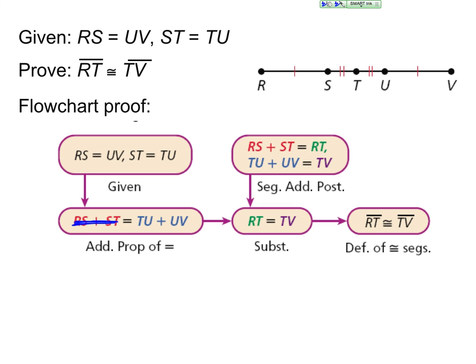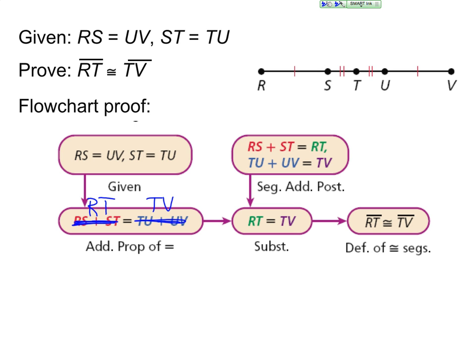RT. We know that because the segment addition postulate says it right there. So that can be replaced with RT. TU plus UV is the same as TV. So that can be replaced with TV. So when you do the replacing, you get what the substitution oval says.